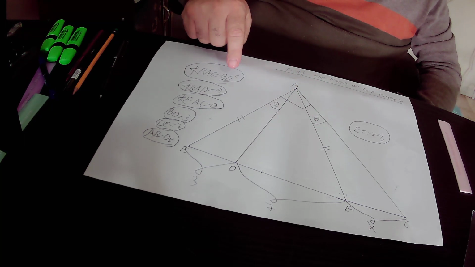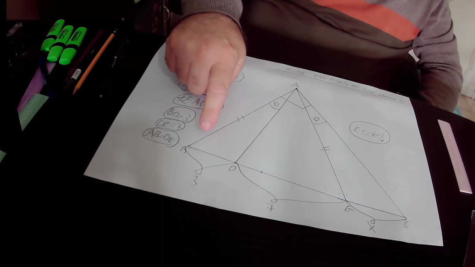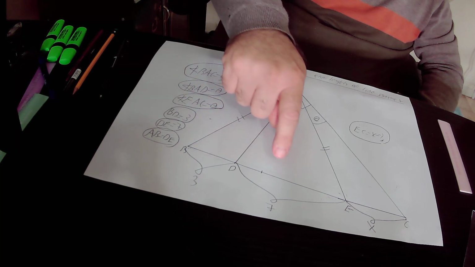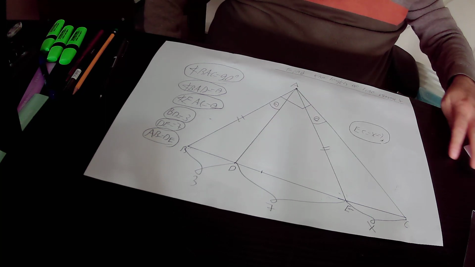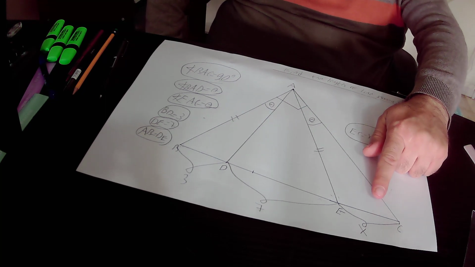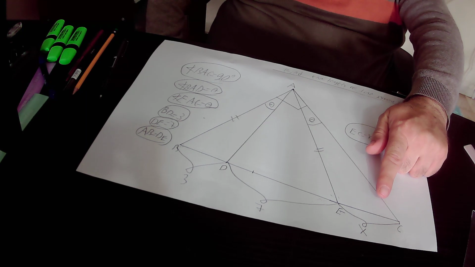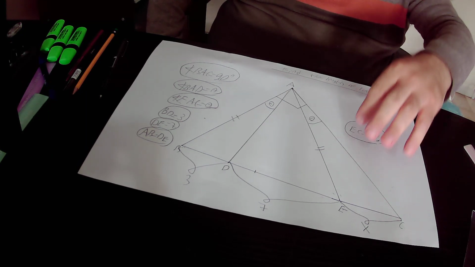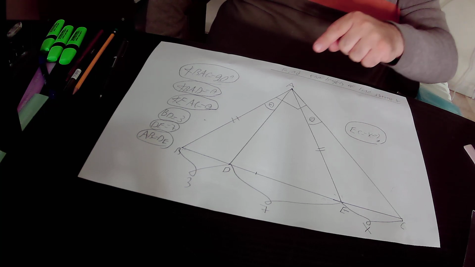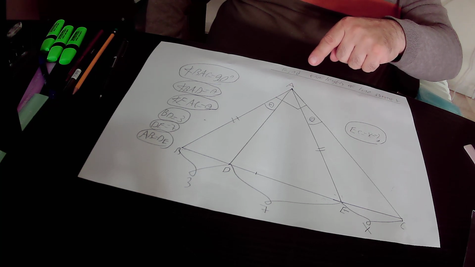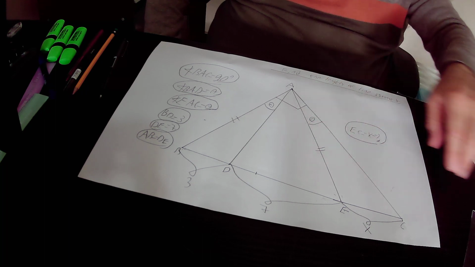We also know that BD equals 3 units, DE equals 7 units, and we want to find out the value of line segment EC, that is equal to X. Okay, so first of all, from point A, we draw a perpendicular to BC.